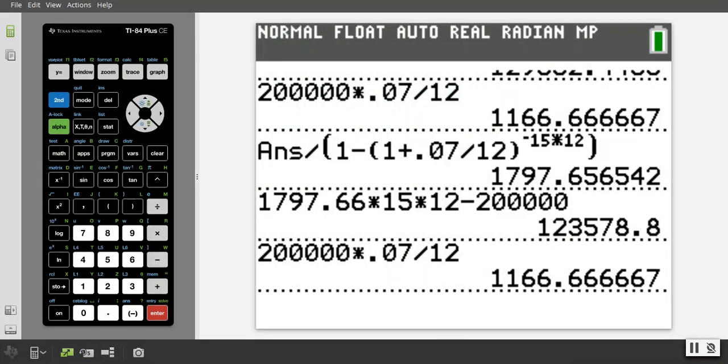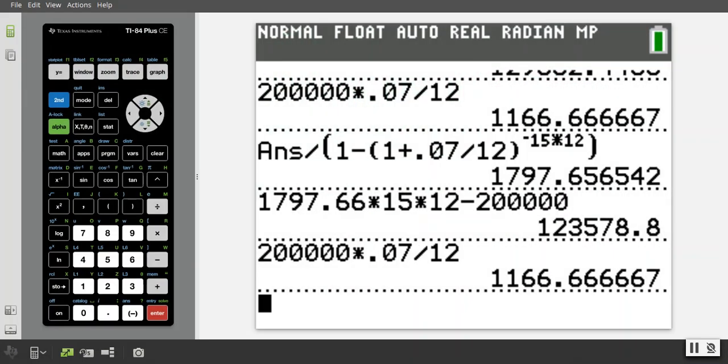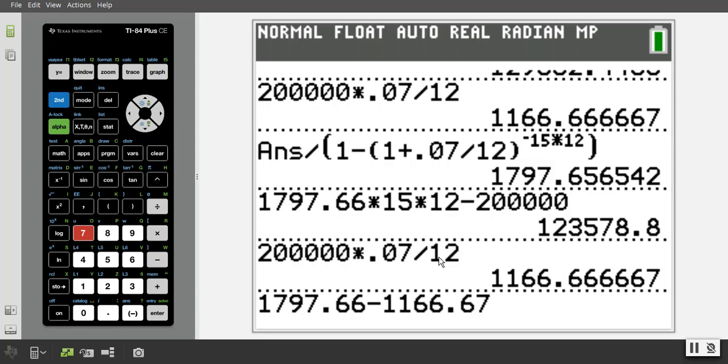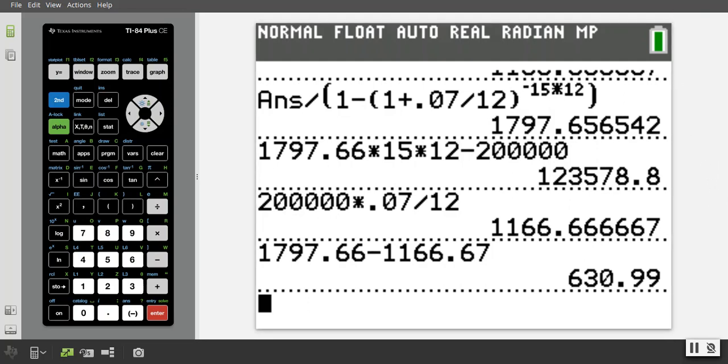Now, we know that the payment is 1,797.66, minus the 1,166.67. So $630.99 is going towards the principal.